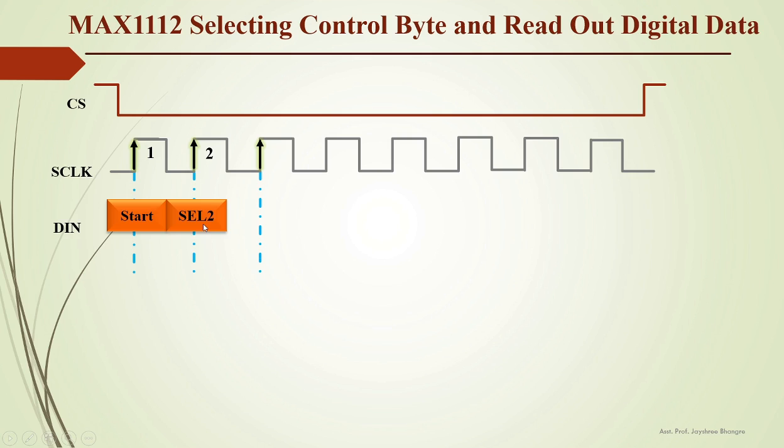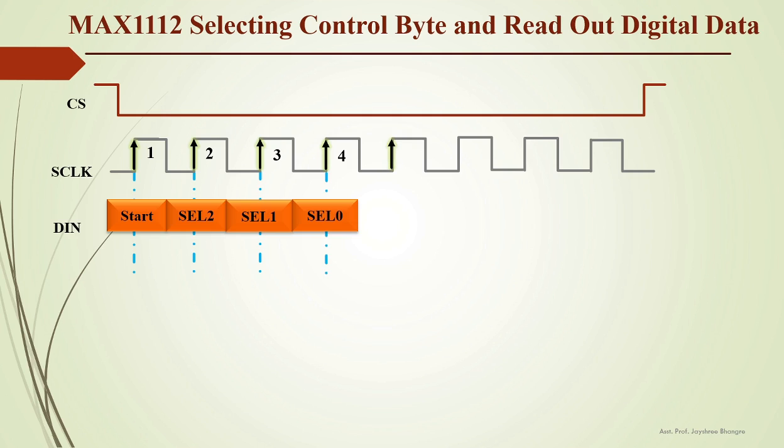Then for the third clock pulse, the third bit, SEL1, will be sent to the ADC. Then for the fourth clock pulse, the next bit, SEL0, will be sent. So these three bits will decide, or select, the input channel.